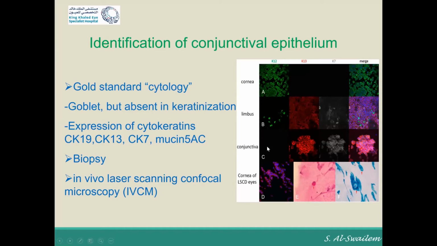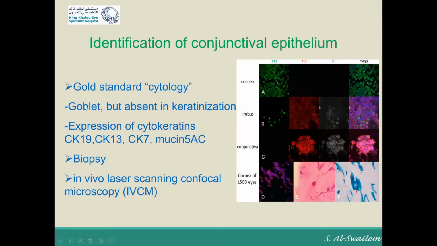In the conjunctiva, there are specific ones like K13, K17, and so on. These are specifically available in the conjunctiva. They're not supposed to be available in the cornea. So once you find them, this indicates that there is really a conjunctivalization. Another thing is the presence of goblet cells.